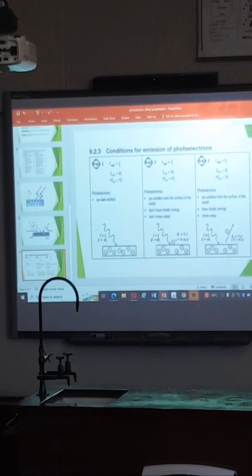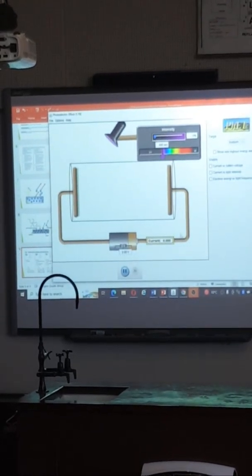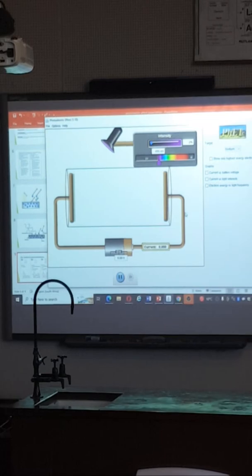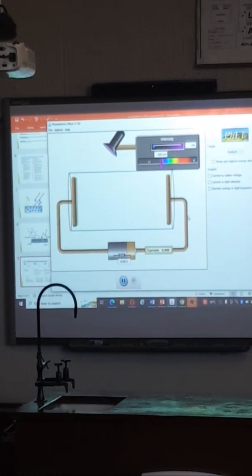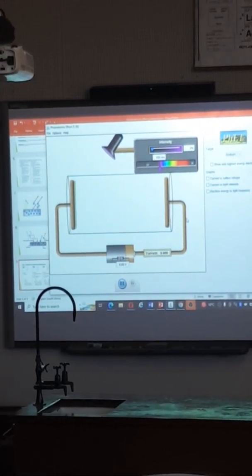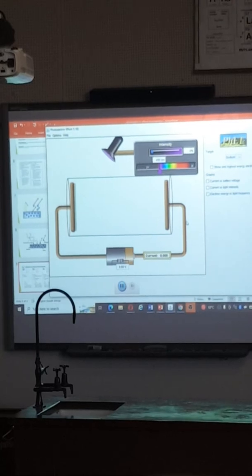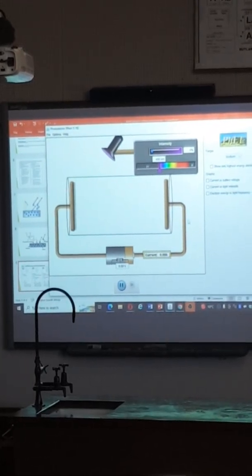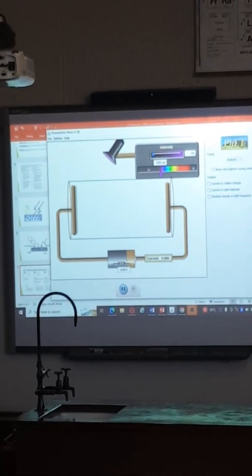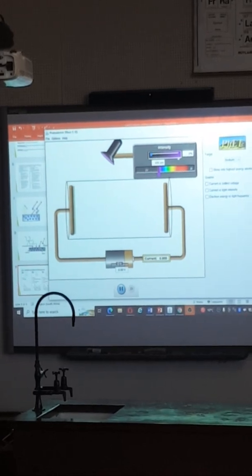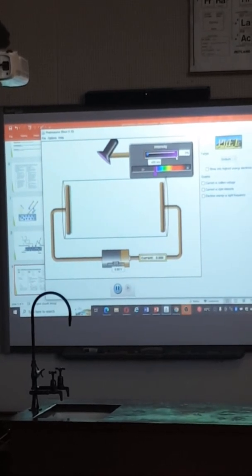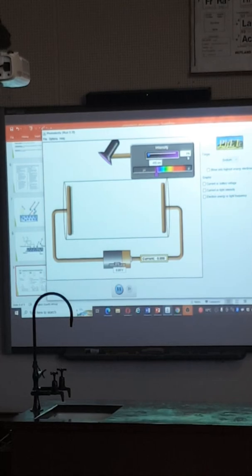So the first simulation that we have selected here, there are many factors that you can use this first simulation for in order to explain this. Of course, if there is no light, you can see here the light intensity is 0.